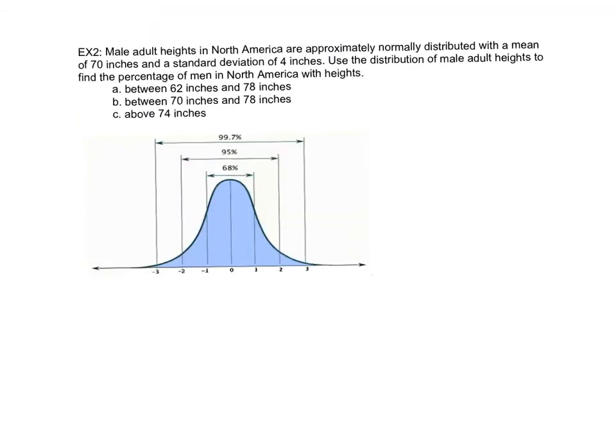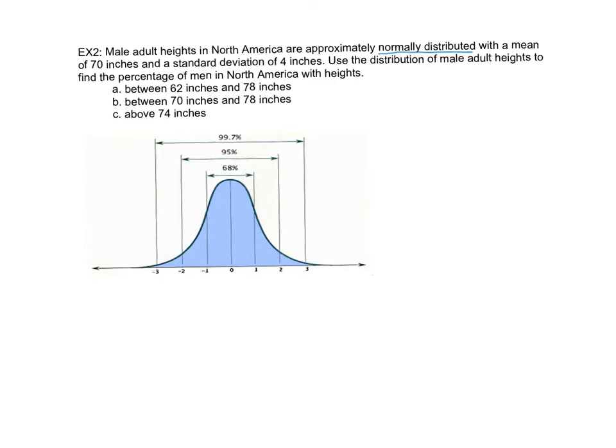We'll look at another way that we can use this graph. In our previous example, we were actually finding a data item. Our data item was a height. In example 2, we're actually going to be finding a percentage. Example 2 says male adult heights in North America are approximately normally distributed, with a mean of 70 inches and a standard deviation of 4 inches.